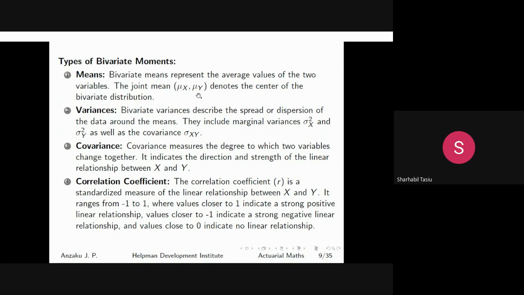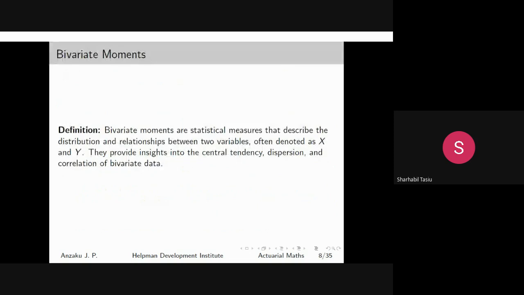If it were just a univariate mean, there wouldn't be this ordered pair, but because it's bivariate, we have this ordered pair here. It denotes the center of the bivariate distribution, the measure of central tendency for the bivariate distribution.